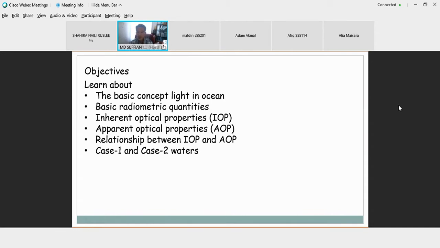Case 1 usually refers to offshore water. Case 2 refers to turbid water or coastal water. They are related to the optical properties of the water column.